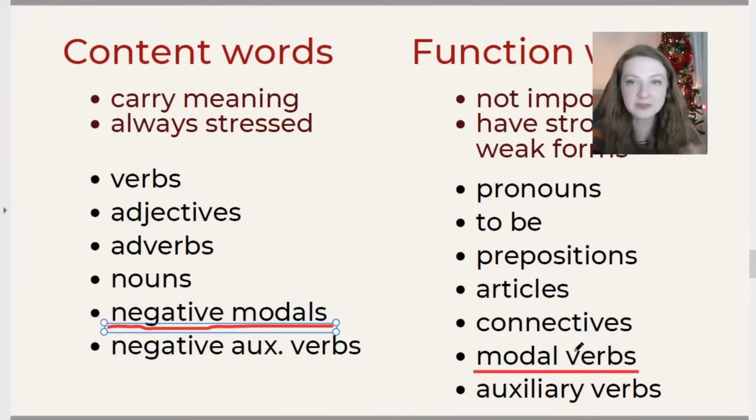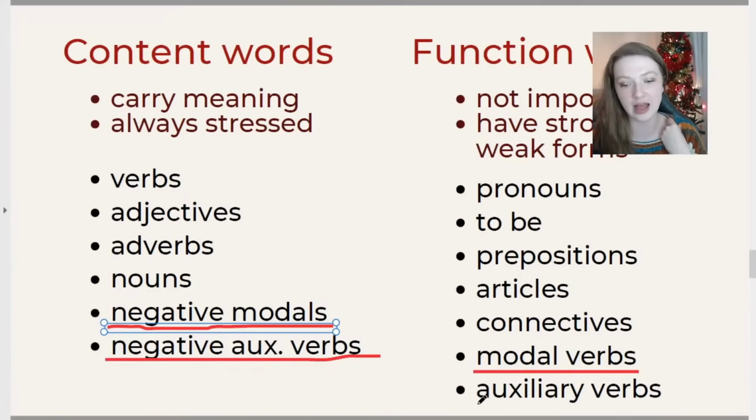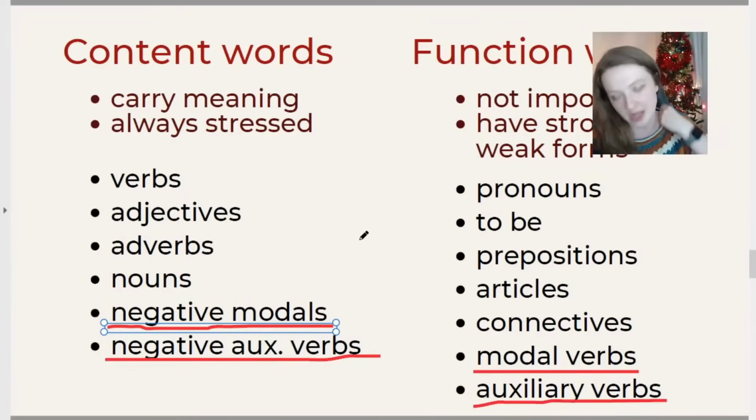So normal modal verbs, that's a tongue twister. Normal modal verbs are considered just function words, so they tend to have a weak form as well as a strong one. But your negative modal verbs, for example, shouldn't, couldn't, don't, etc., they only have a strong form, all right? Negative auxiliary verbs as well, and auxiliary verbs, same rule applies, right?